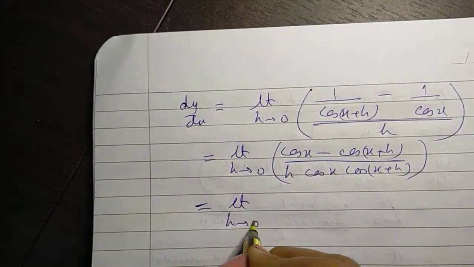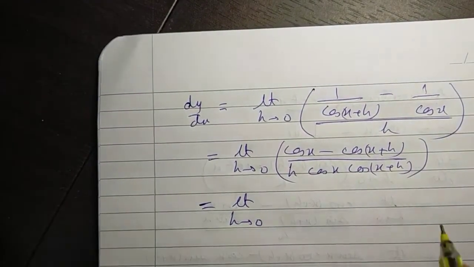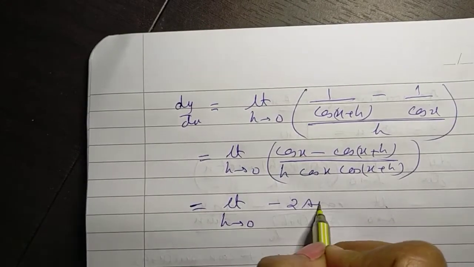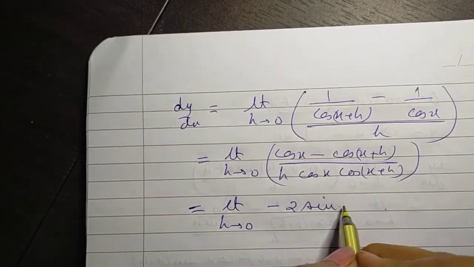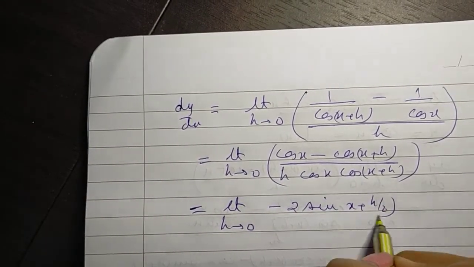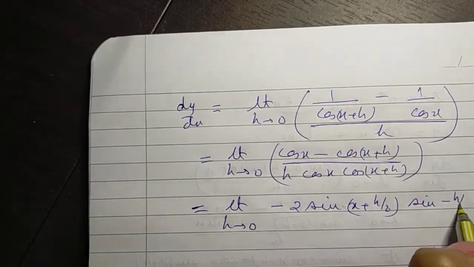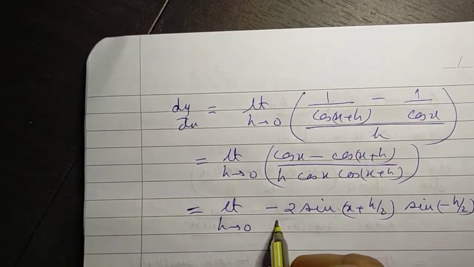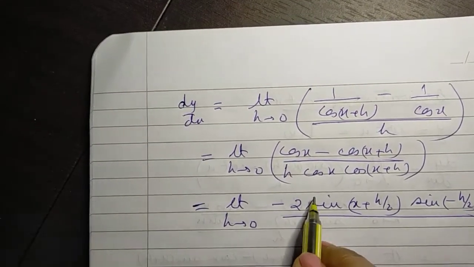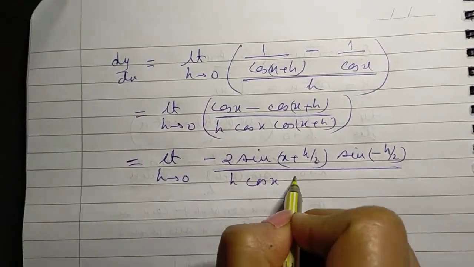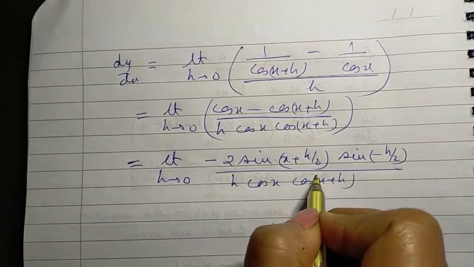Again, using the identity for cos a minus cos b, we get minus 2 sine of (a plus b) by 2, that is (2x plus h) by 2, sine of (a minus b) by 2, that is minus h by 2, whole upon h cos x cos(x plus h).